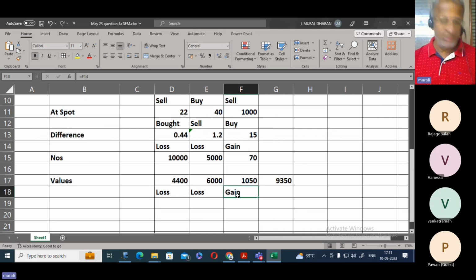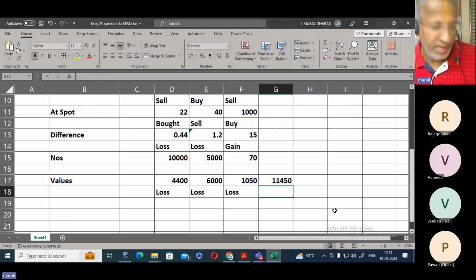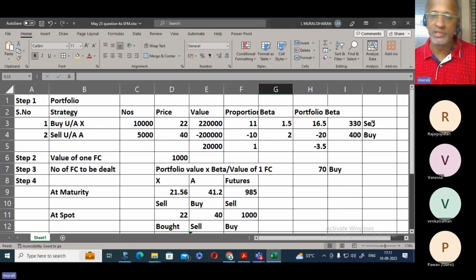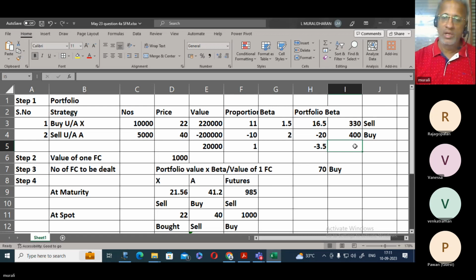So therefore, this is also loss and the overall is going to be 11,450. That's correct. So Rajagopalan, that is a right factor that we can just do. 330 sell, 400 buy, and naturally I would see this with a negative sign.